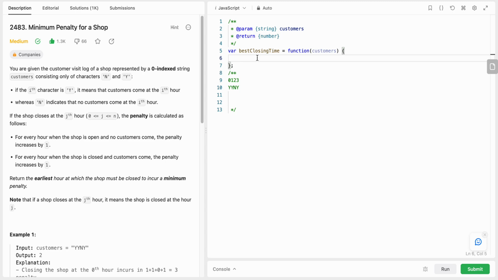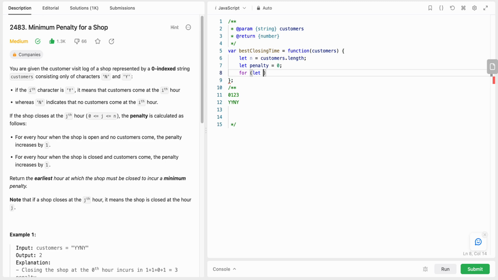Now let us dive into coding, and let us start with n equals customers length. Now we need the number of ants, so I'm going to define penalty, initially 0.